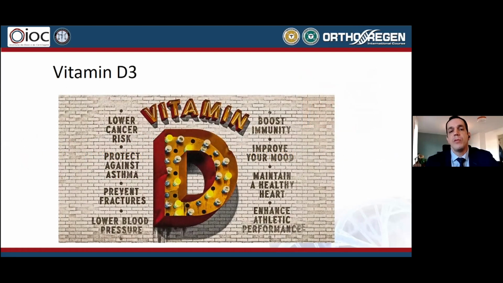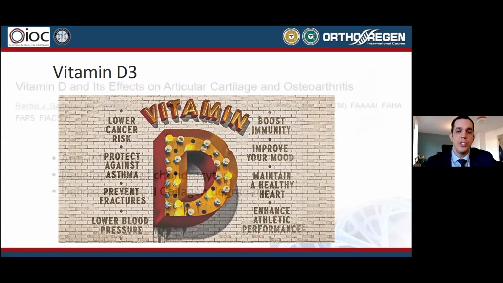Vitamin D3 is also a very important vitamin. It's called a vitamin, but really it's not a vitamin. We now know that it's a hormone that interacts with most of the human tissues.